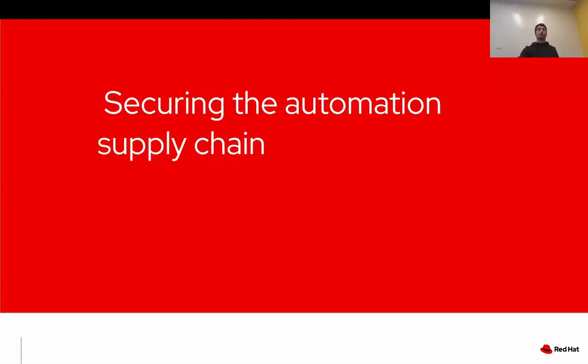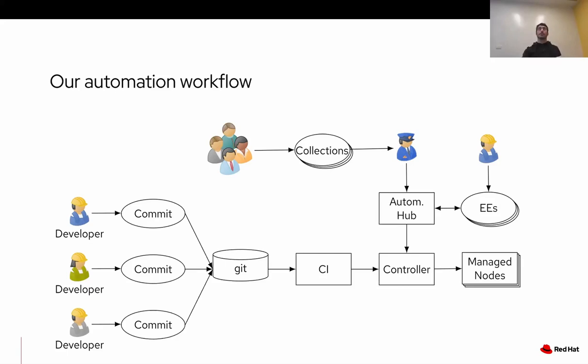But the reality is that this workflow is not secure, because for every arrow you see here, there is potentially a supply chain attack that can happen, because supply chain attacks tend to attack in the link in between the steps. So what can we do to make this a more secure supply chain that can withstand attacks?